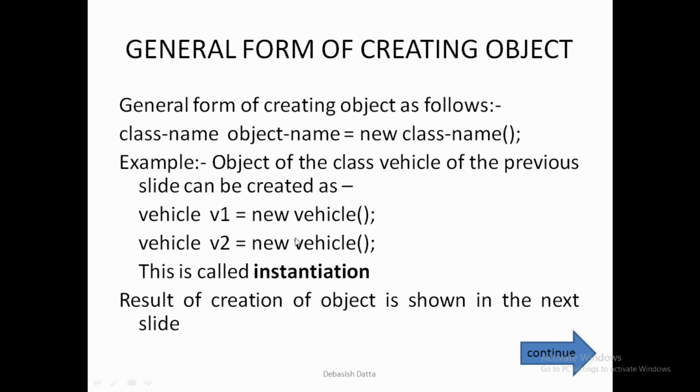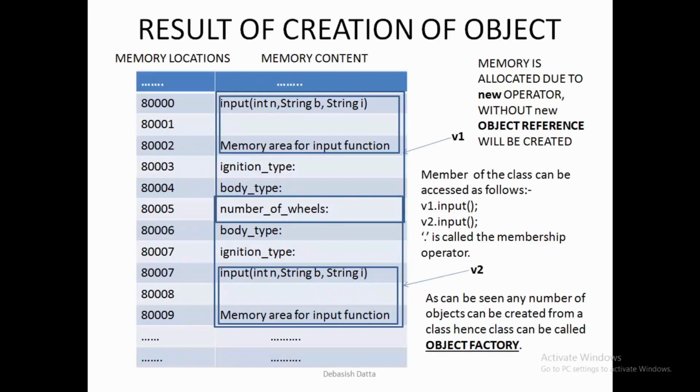Now what happens after we create an object? Internally, inside the computer main memory, that is RAM, it happens like this. A computer memory is a collection of storage locations.